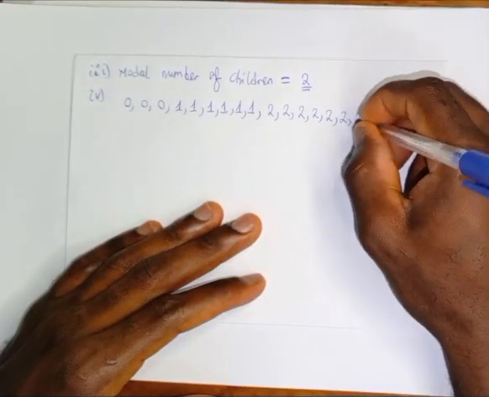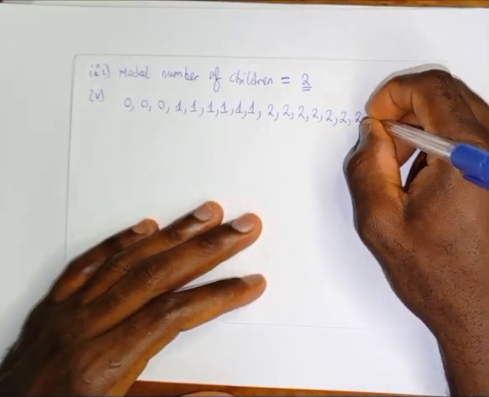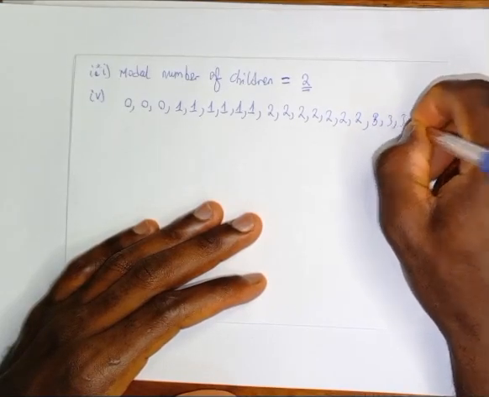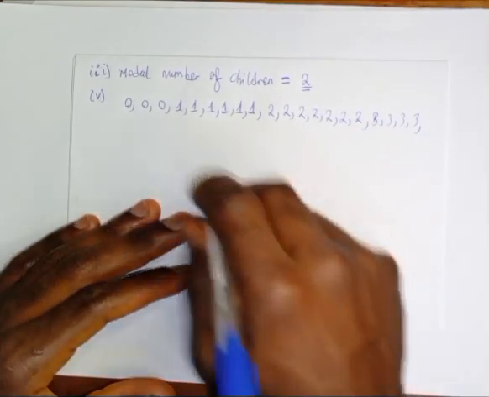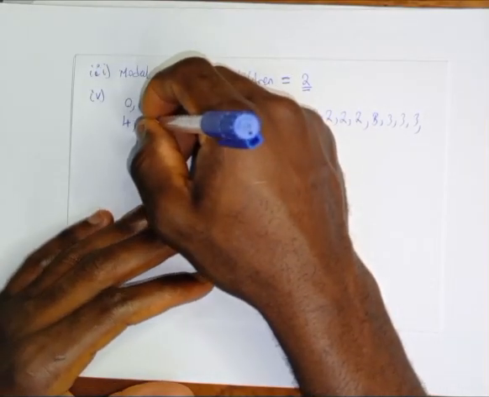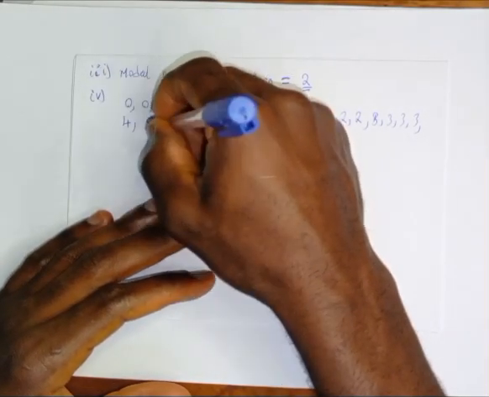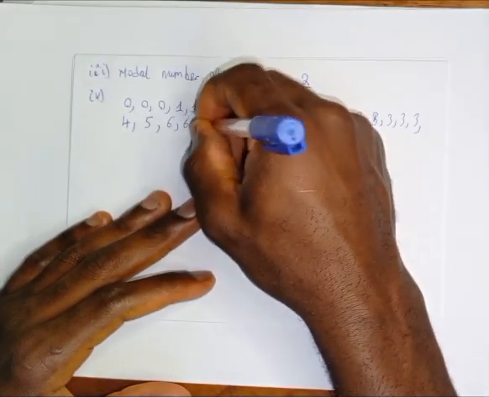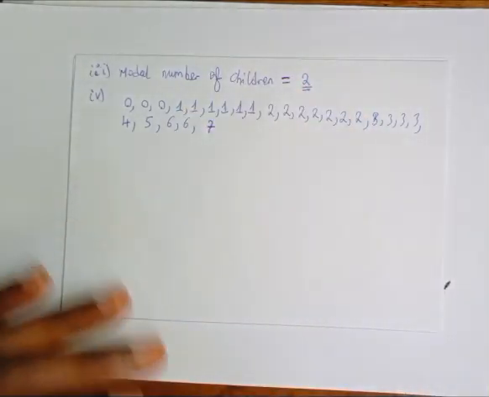Next we go to the number 3. 3 occurs 4 times. Next we go to 4, which occurs just one time. We go to 5, which occurs just one time. 6 occurs two times, and lastly 7, which occurs just one time.